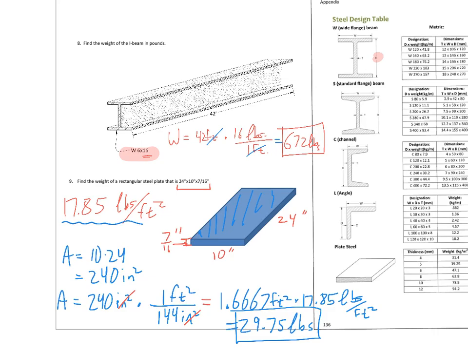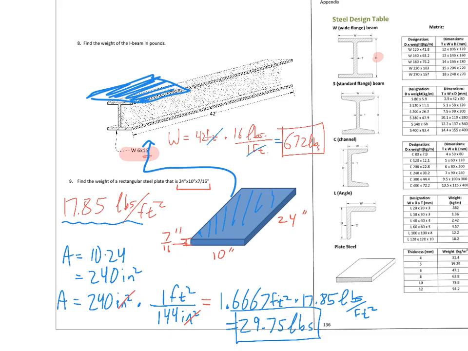Now, if we were to take this little piece right here and glue this onto here so that we got a little paddle, a little plate glued onto the beam, we just need to find those two separately and add them up to find the weight of the whole thing.